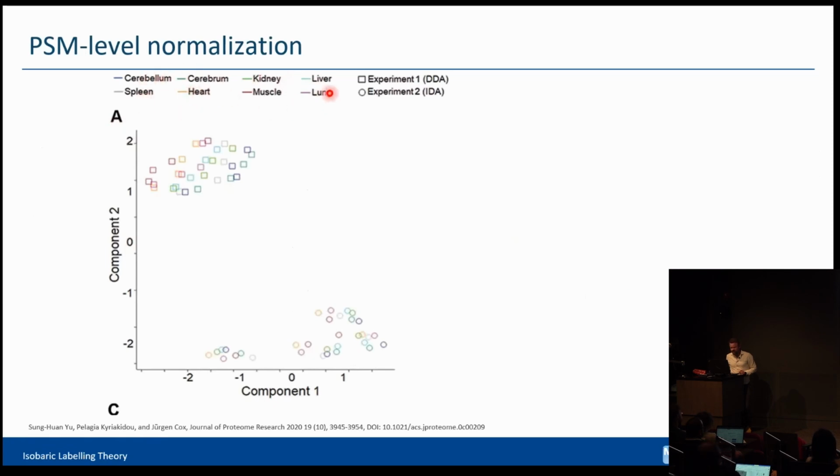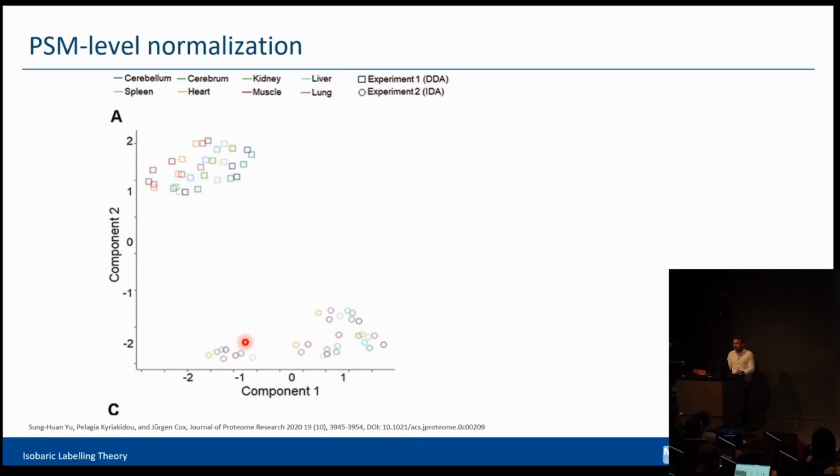There are 8 different cell types from 2 experiments. Experiment 1 is the squares, and experiment 2 are the circles. And we see there are strong batch effects. The circles are all hanging out here, and experiment 1 is up there, and there's no real structure, and the cell types are somehow not clustering together.